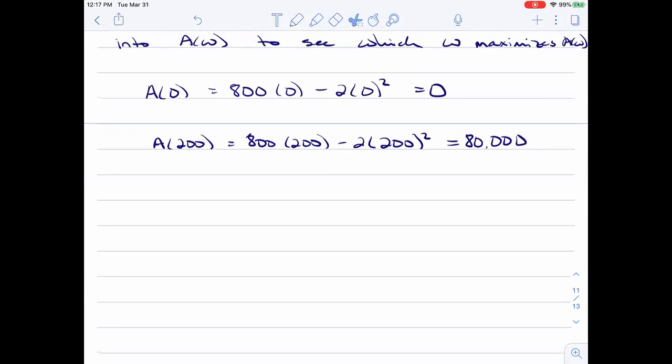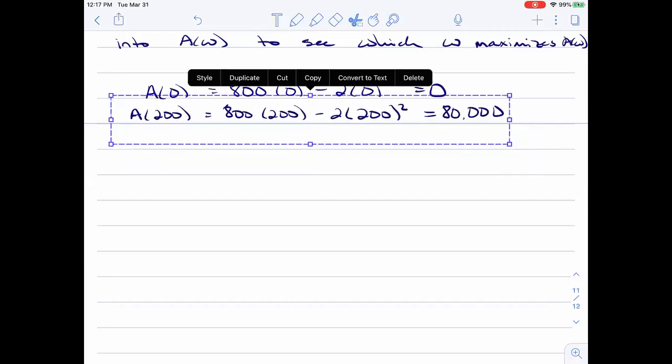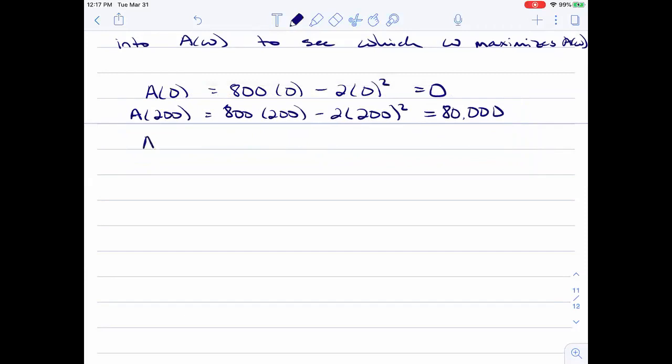I guess I can put this on the same page here, but now I'm going to be on the next page. A of 800, right? The other endpoint is 800 times 800 minus 2 times 800 squared, which is negative 640,000, which is a bad area if you're trying to maximize this thing.